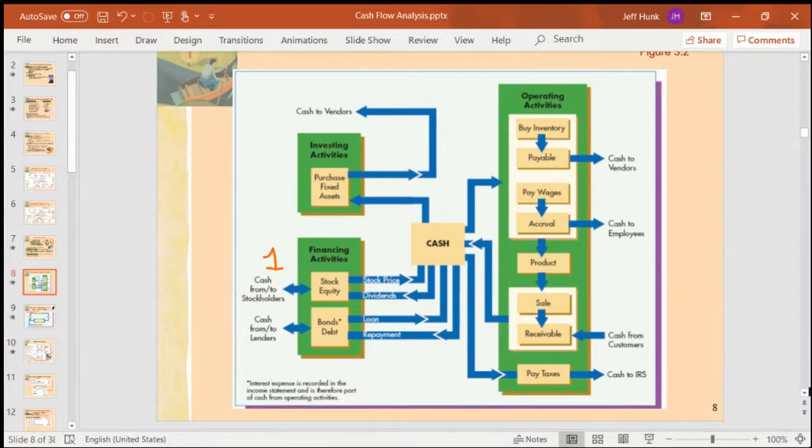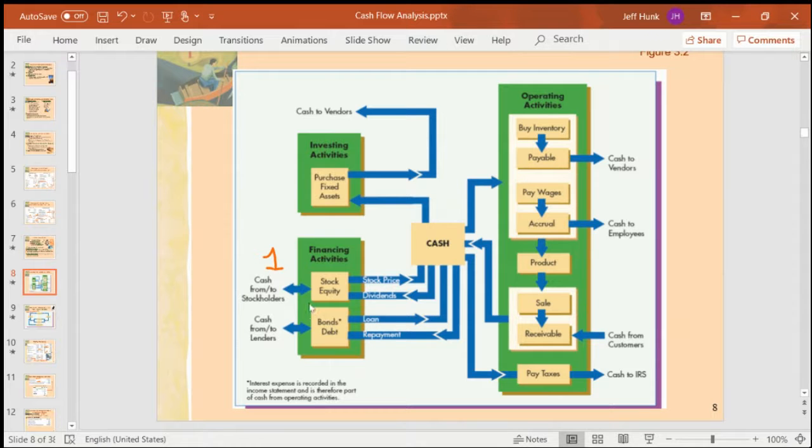The cash flow is very well captured and depicted in this cash flow diagram. It's more like an electric circuit. When you start up a business, you need to raise capital.